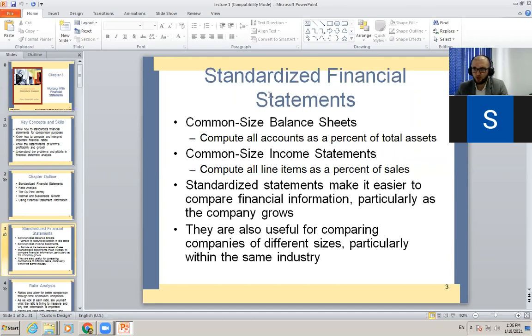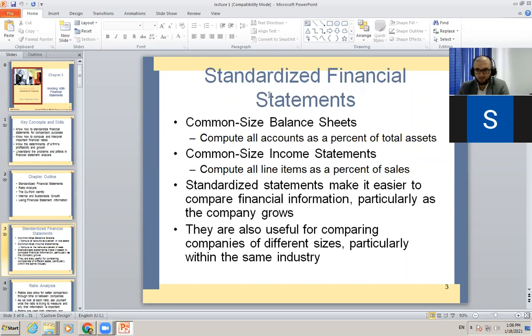So basically, when we convert into the common size, we mean here we compute all accounts that are in the balance sheet as a percentage of total assets. The same thing with the income statement. The common size, we compute all items that are listed in the income statement as a percentage of sales.